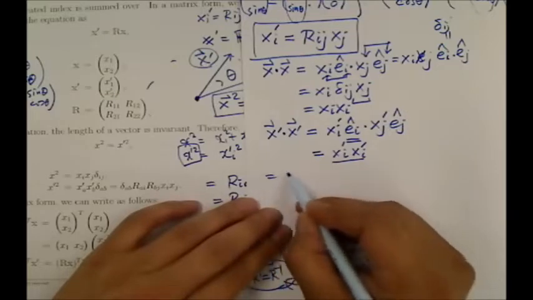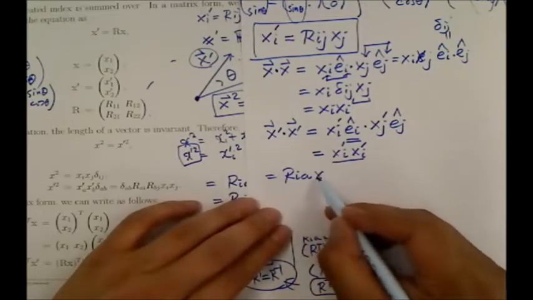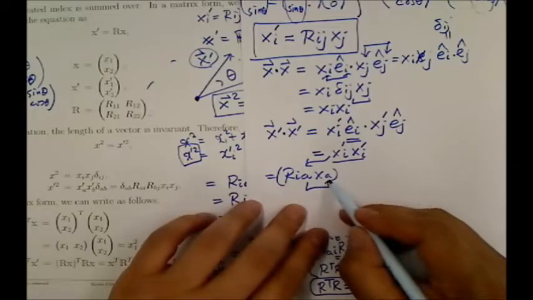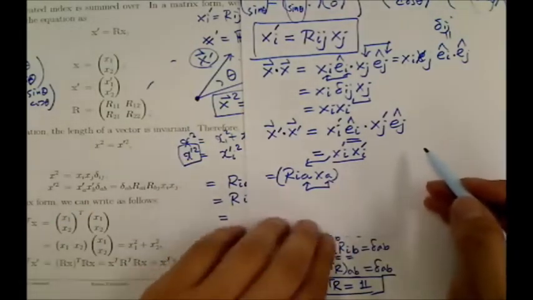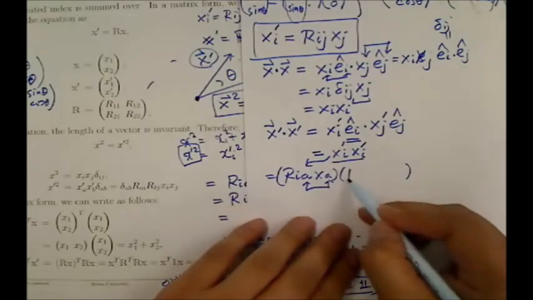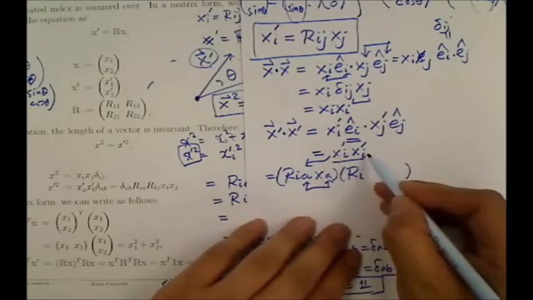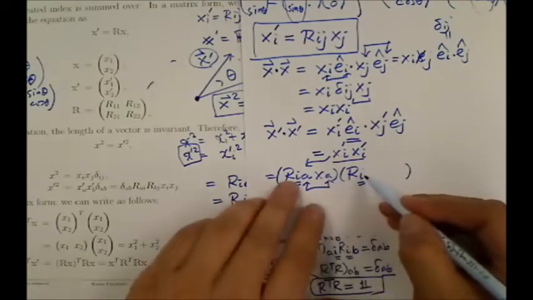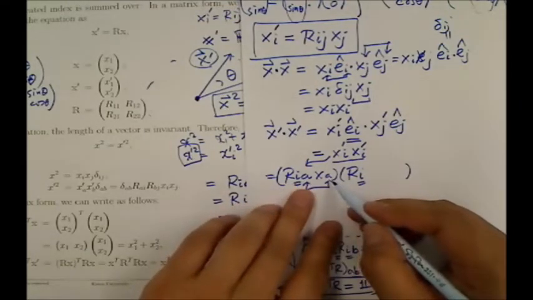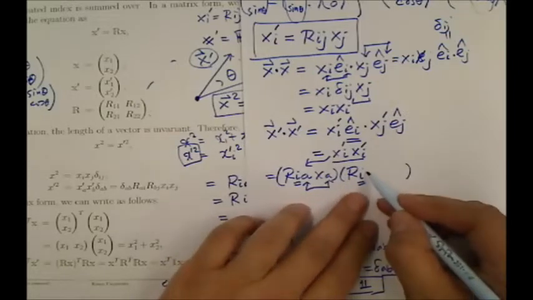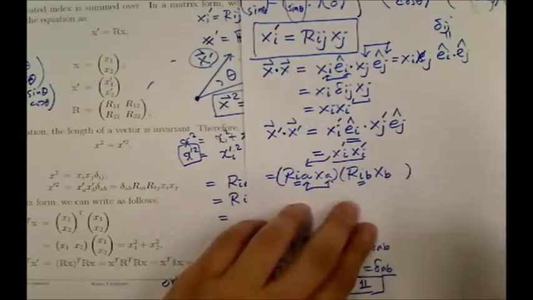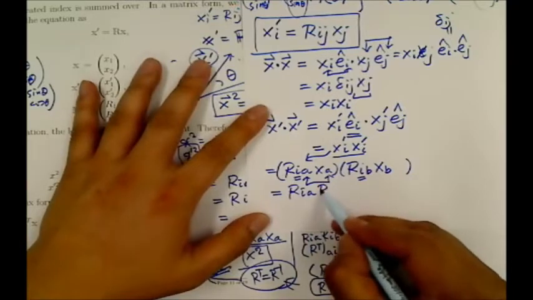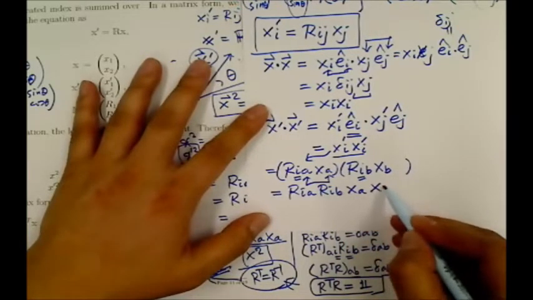I have R_ia x_a. This is the first xi prime. As you know, this dummy variable can always be replaced with anything else. In a similar manner, I have R_i. This i and this i are identical to each other. Therefore, I have to use the same i here. Here I have used index a once, so now I need to use a different index. Next, I have R_ia, R_ib, x_a, and x_b.